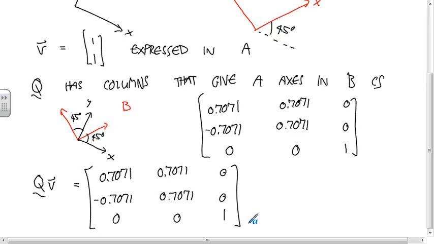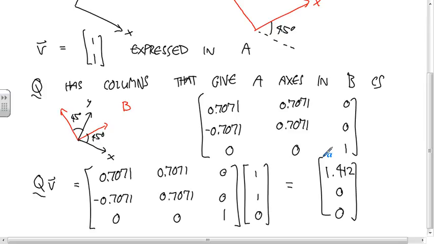We're multiplying that by this vector v, which is 1, 1, 0. And if you do that multiplication, you get 1.412, 0, 0.